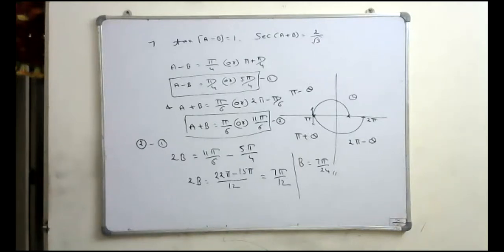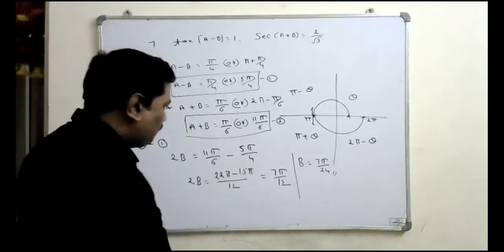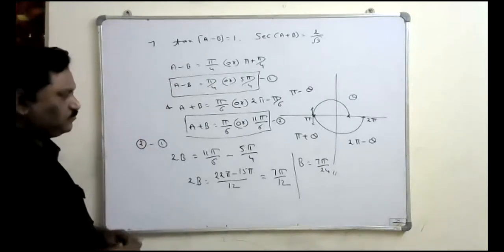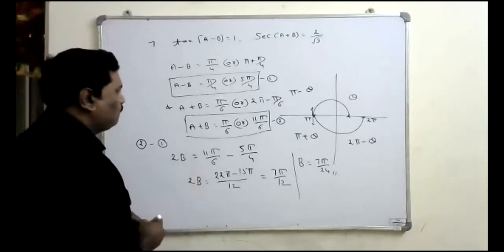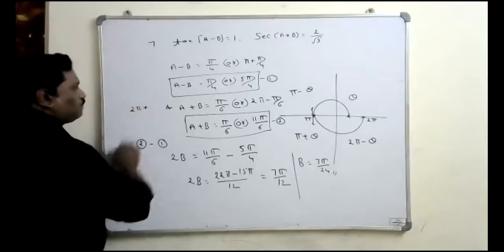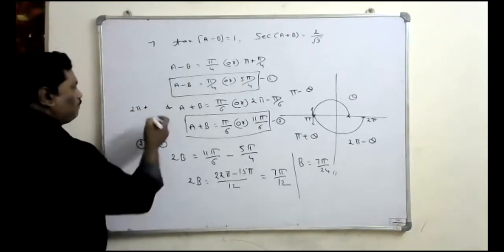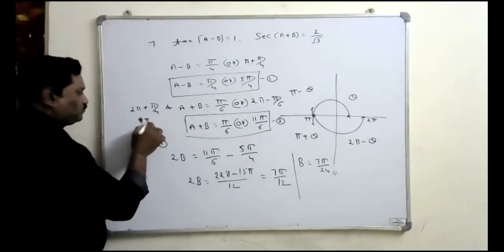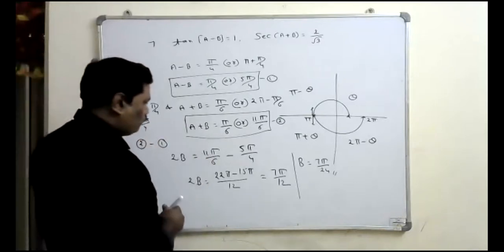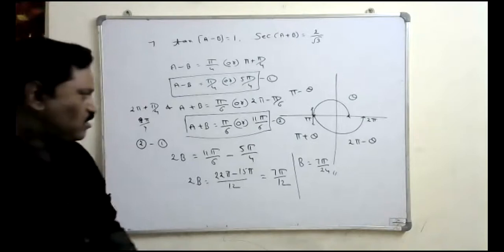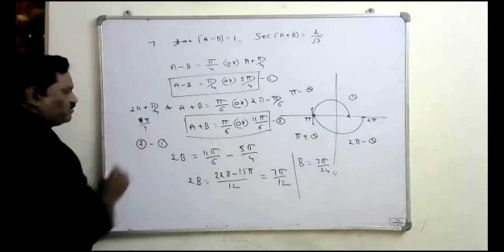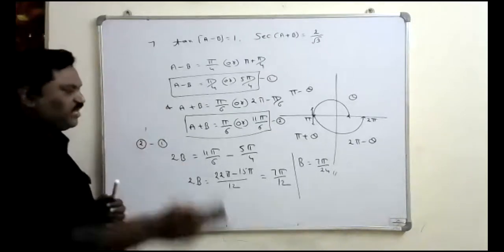Sir, in the options 7 pi by 24 is not there. 9 pi by 24 is given there.